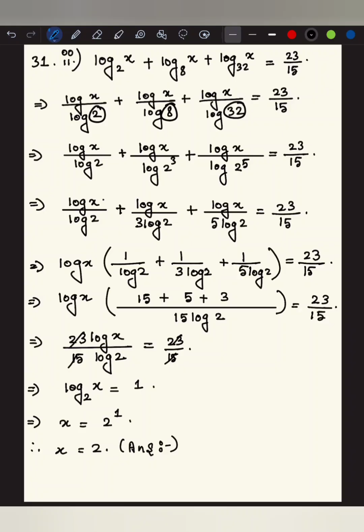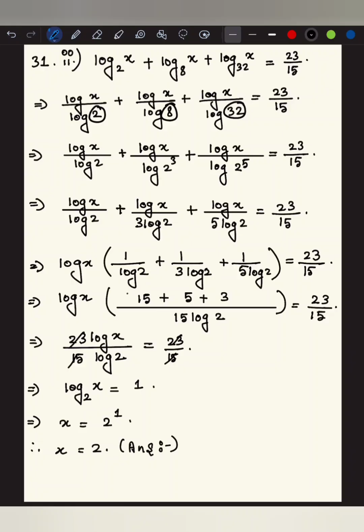Log 2 cube can be written as 3 log 2, plus log x by log 2 to the power 5 means 5 log 2, which is equal to 23 by 15. I have taken this log x common, so here it comes out to be 1 by log 2 plus 1 by 3 log 2 plus 1 by 5 log 2, which is equal to 23 by 15.